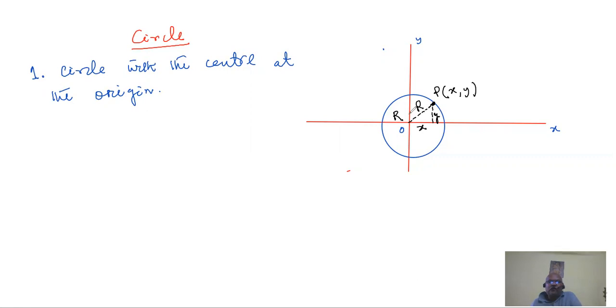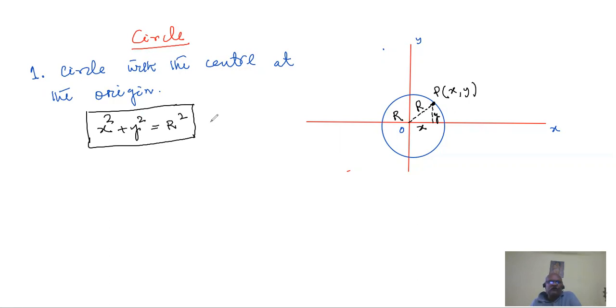And we have not forgotten the Pythagoras theorem, which says that x square plus y square equal to r square. Bas. That's all. That is the equation of a circle. You may exclaim, oh, that is so easy. My answer will be yes, that is very easy.